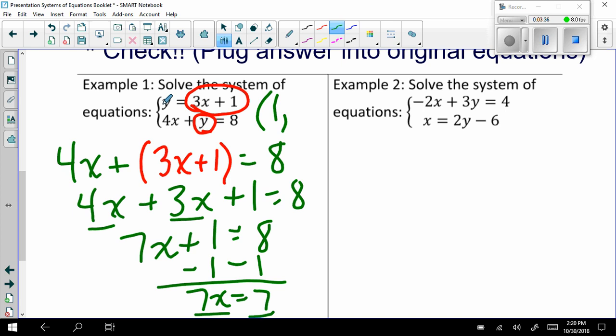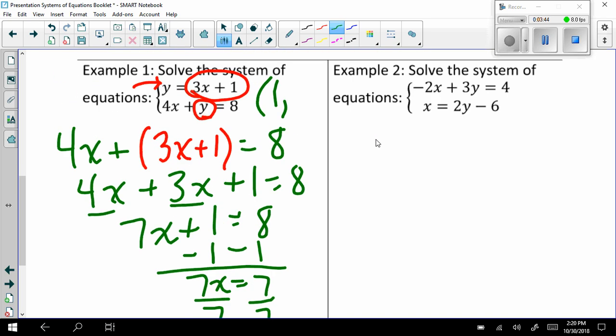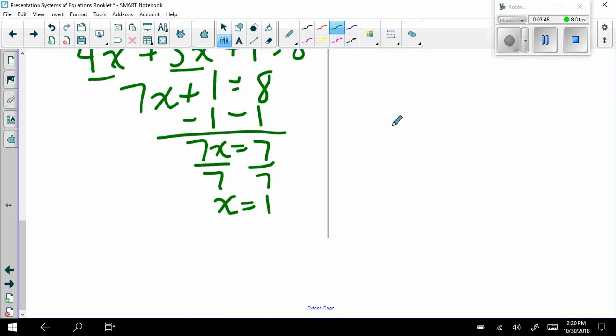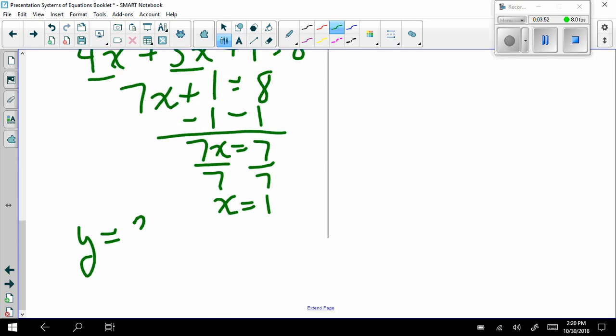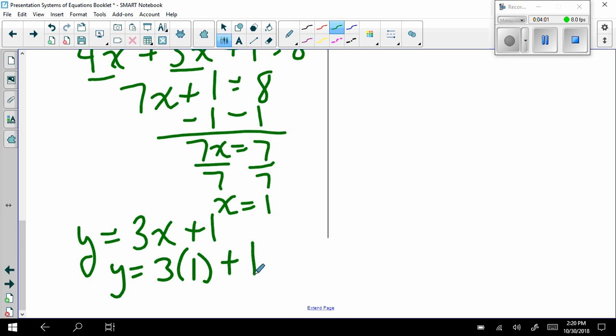To find my y coordinate, I'm going to come right here to this first equation, and I'm going to substitute again. I'm going to replace the x with the 1. So for my equation for y, I'm choosing the first one because it's already solved for y, so that's easy. I'm going to replace the x with what we now know x is equal to, which is 1.